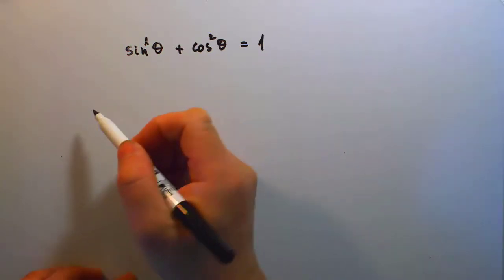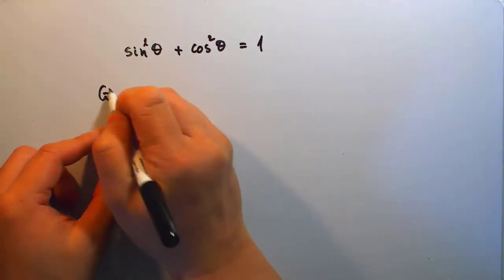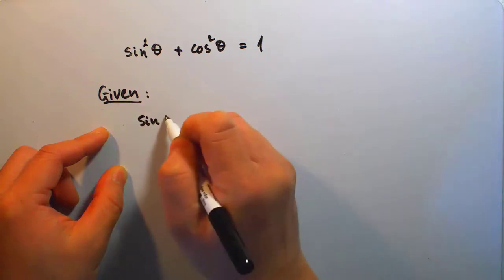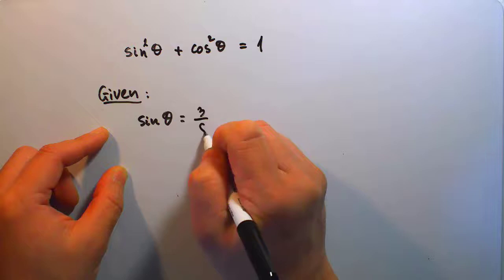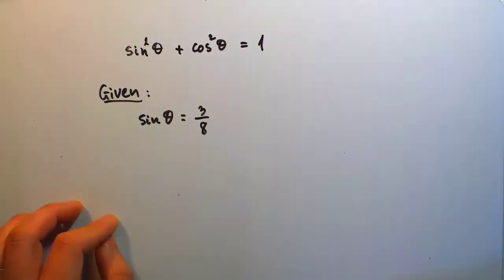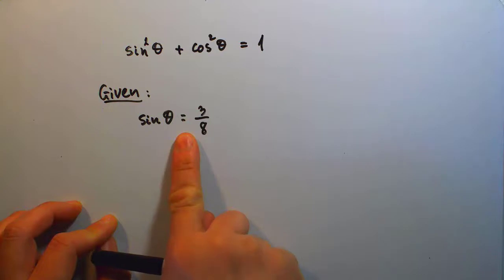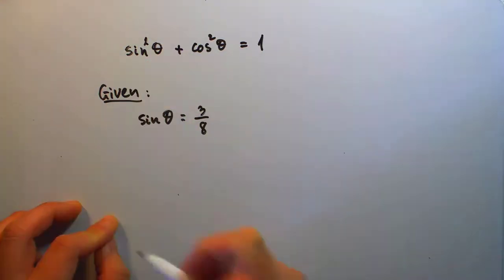And so in our problem here, we're given that sine of theta is known to be 3/8. So I can now go ahead and substitute that value into my current identity, and here's what it becomes.